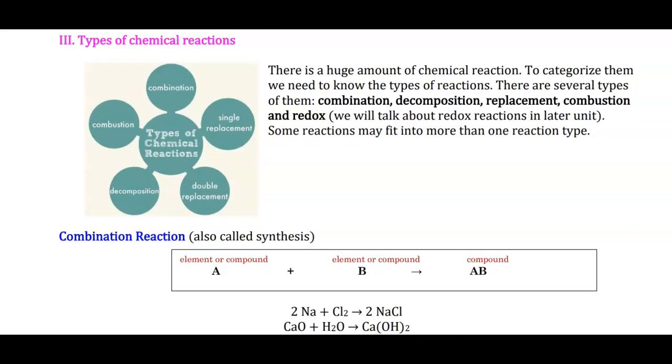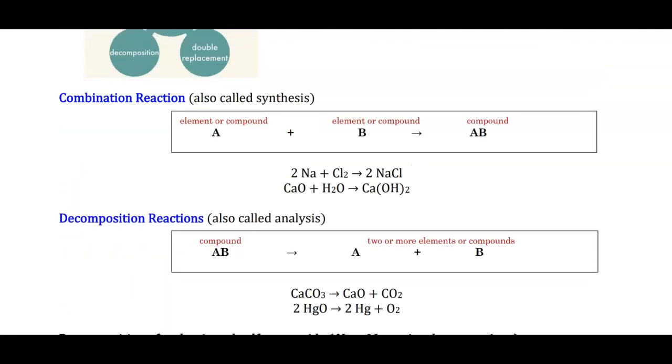The next topic is types of chemical reactions. So 5 of them: combination, decomposition, replacement, single and double replacement, combustion, and redox. Not in this unit, we are going to talk about redox reactions later.